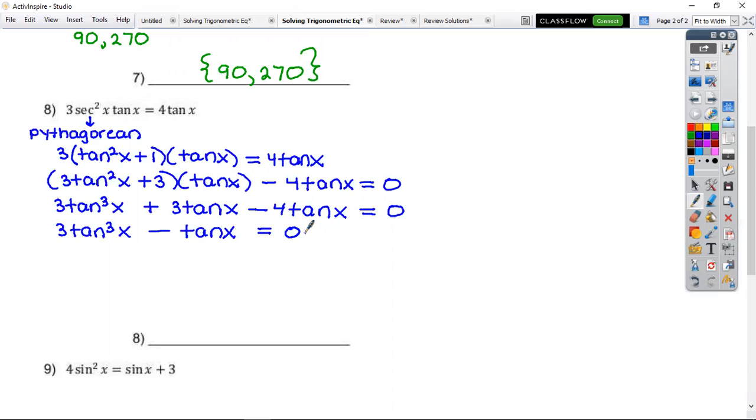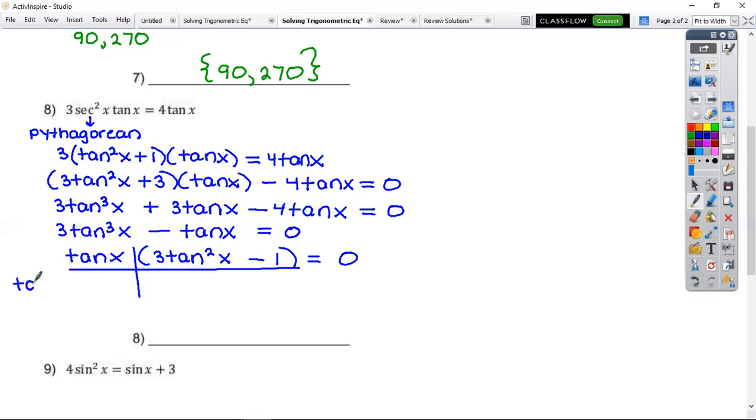We have a GCF. So you're going to take out a tan of x. You are left with 3 tan squared x minus 1 equals 0. Okay, the left side is going to be quick and easy. I think we already did tan of x of 0, didn't we? I think that was back in your notebook.